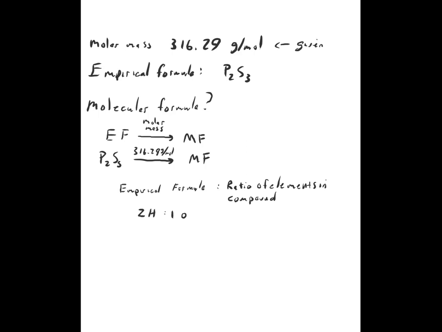We might say there's 2 hydrogens for every 2 oxygens. It's just a ratio, how many of one element compared to the other. We might say, for example, it's 1 carbon for every 2 hydrogens for every 1 oxygen. Okay, that would be the empirical formula. So that's what we've been calculating thus far. We're just figuring out what the ratios are.